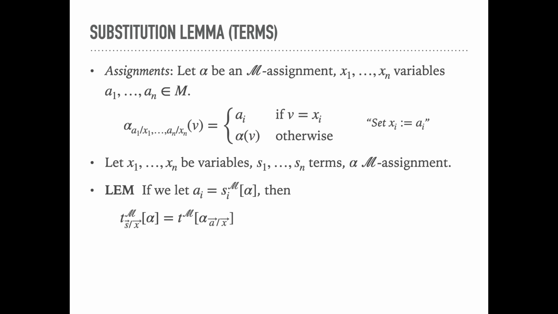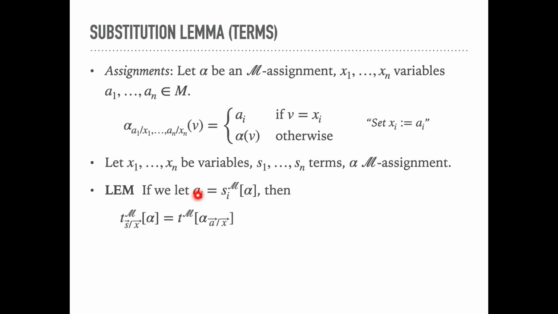So whenever your v is one of the x_i's, you map this assignment to a_i, otherwise you just leave it untouched. Okay, so now let's assume that x_1 up to x_n are variables, s_1 up to s_n are terms, and alpha is an M-assignment.